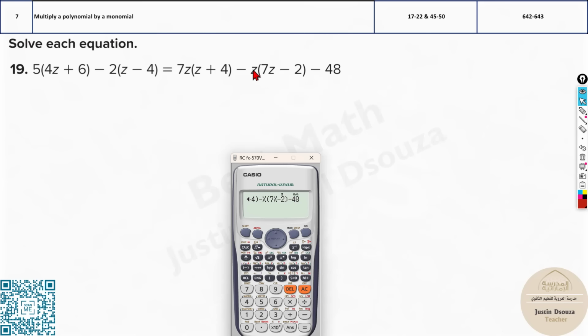You do not need to put multiply after this. You can directly put the brackets and solve it. Shift and solve, and equal to, the answer is 7.166.